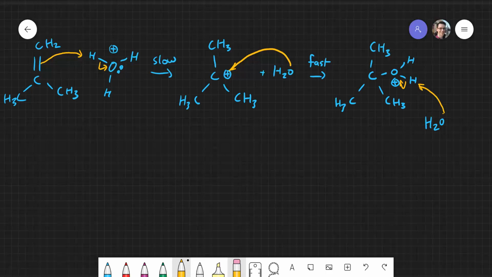The lone pairs on the O, not the hydrogen. There we go. That gives us our final product, which in this case, I'm going to draw sideways. Okay, so this product would be 2-methyl-2-propanol, right? And again, this last step would be fast.